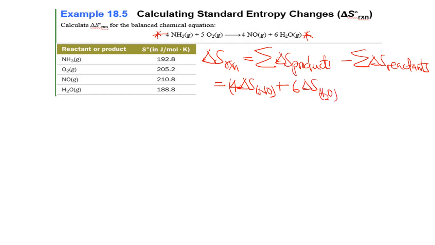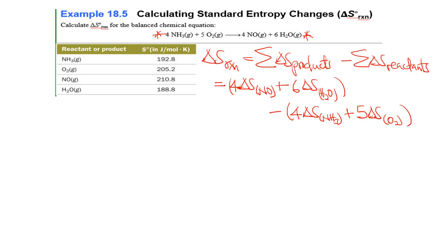Don't forget the coefficients. This one minus 4 delta S of NH3 plus 5 delta S of O2. So that's how we are getting the sum.